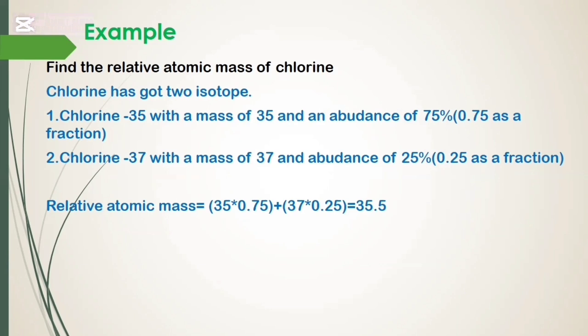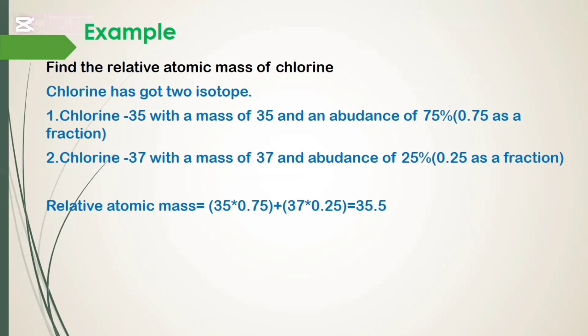Then for chlorine 37, with the mass of 37, the abundance is only 25%. As a fraction, we can represent it as 0.25. Then after that, we're going to add the results to get the relative atomic mass.